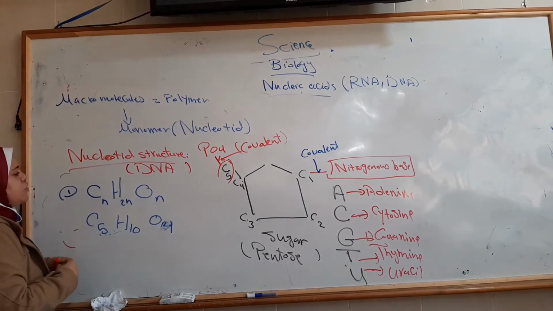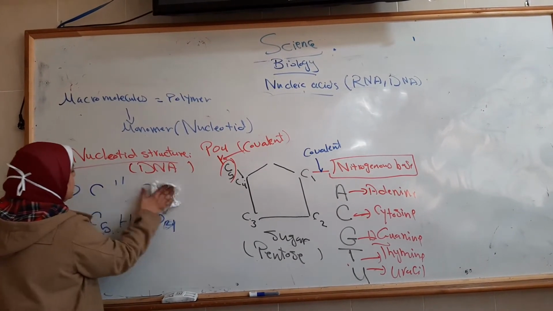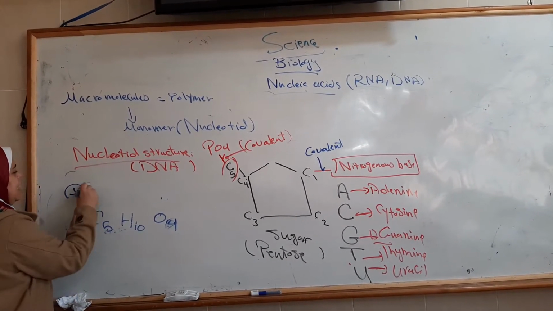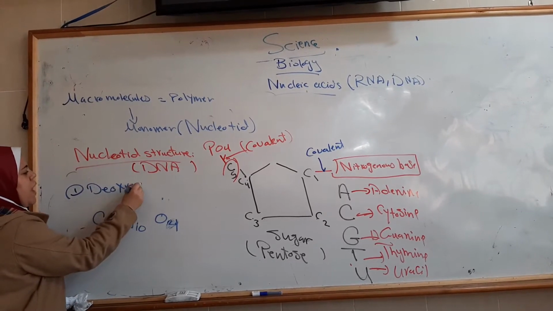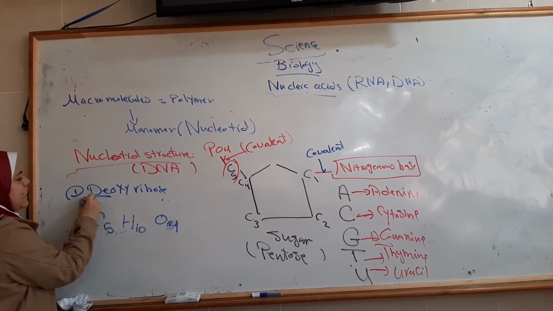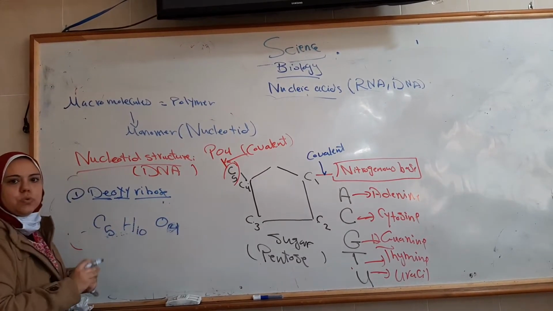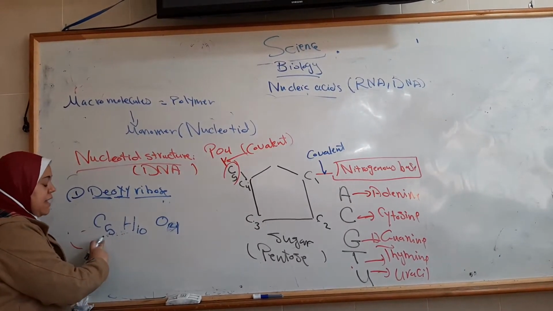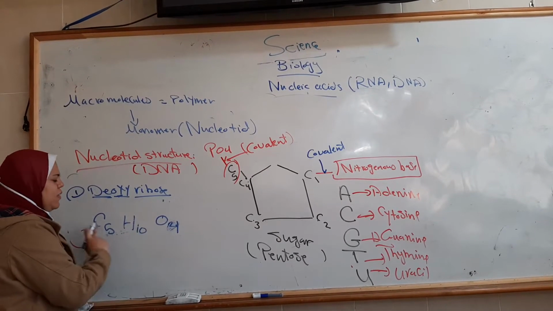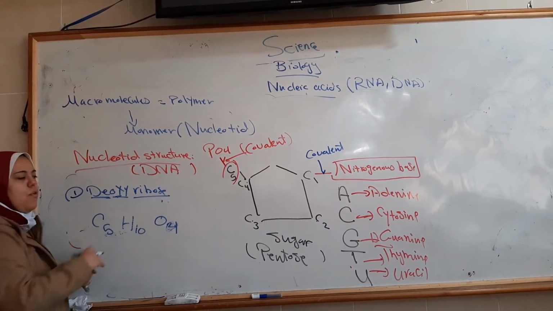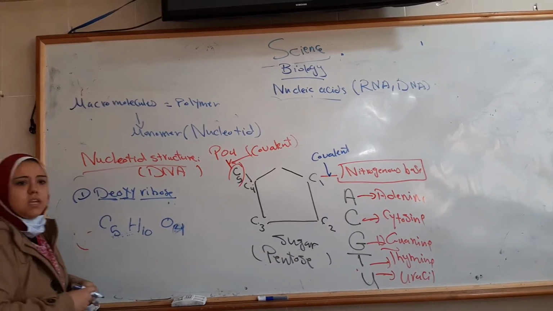So the type of sugar here is not ribose, but deoxyribose, meaning D, without oxygen, ribose sugar. C5H10O4, this is the structure of the deoxyribose.